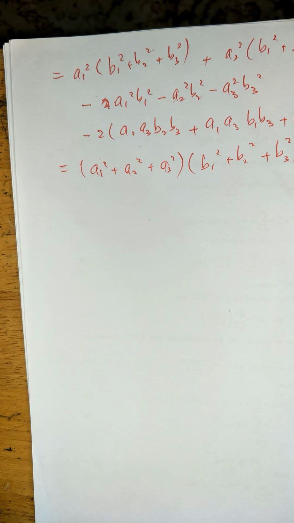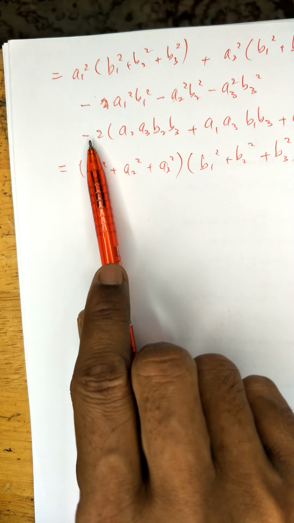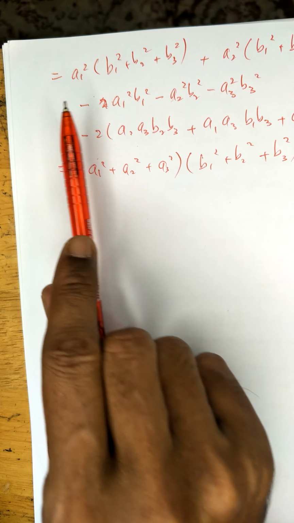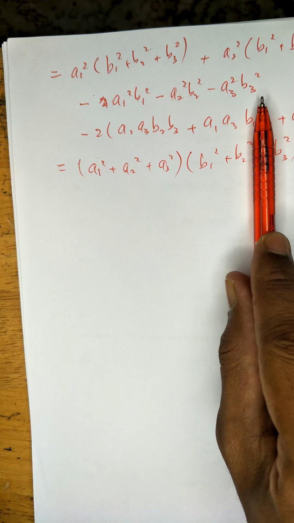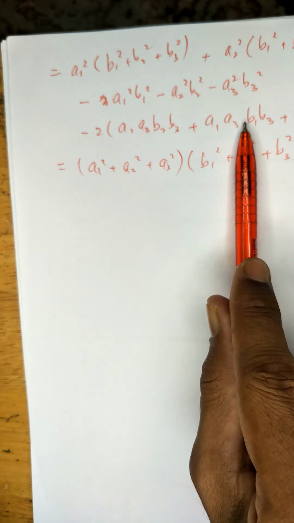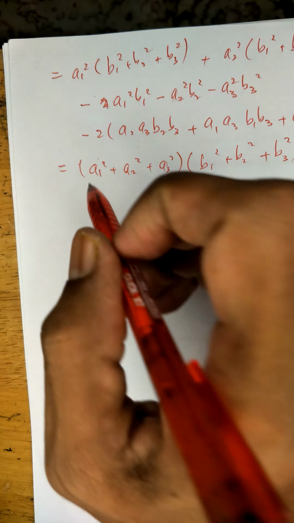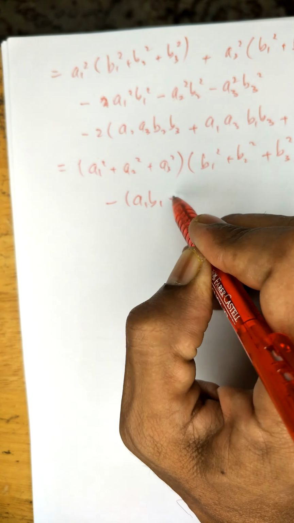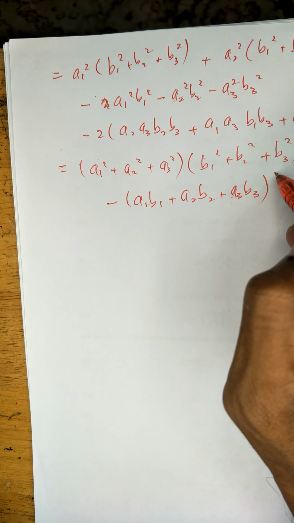And for this part, if you factor out the negative, you have a1 squared b1 squared plus a2 squared b2 squared plus a3 squared b3 squared plus 2 times this thing. So we have those three items, and another three items plus 2, so you have 6 items. So this is basically the minus of (a1 b1 plus a2 b2 plus a3 b3) squared.